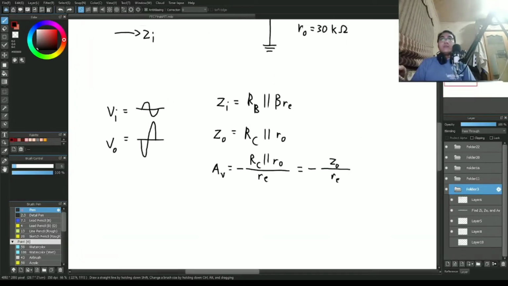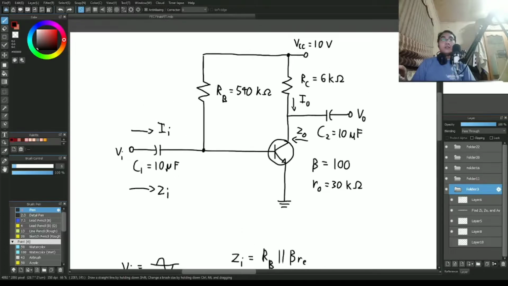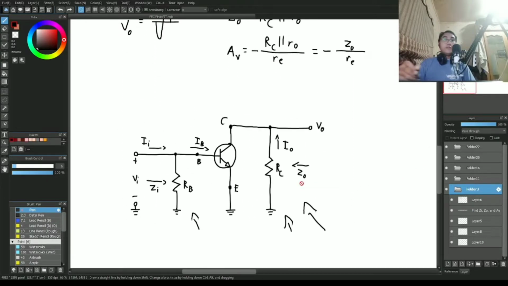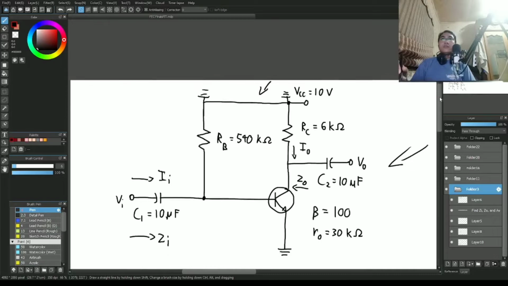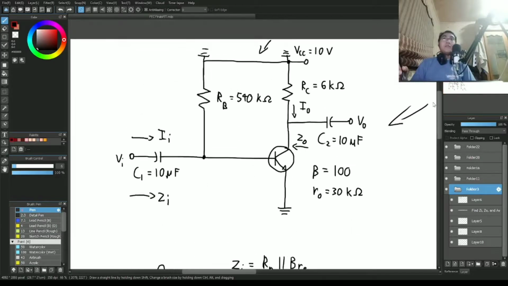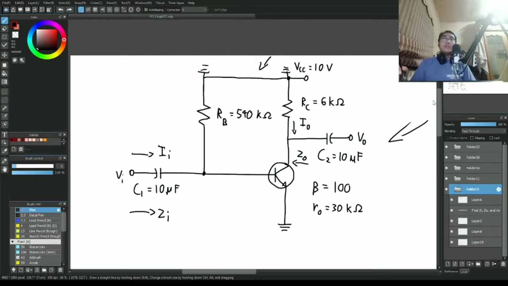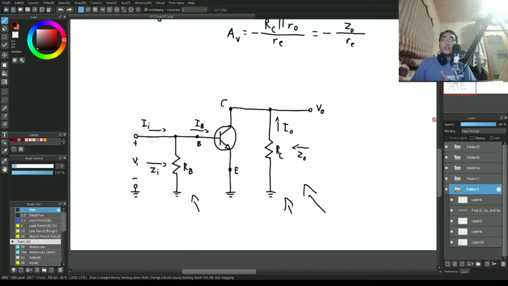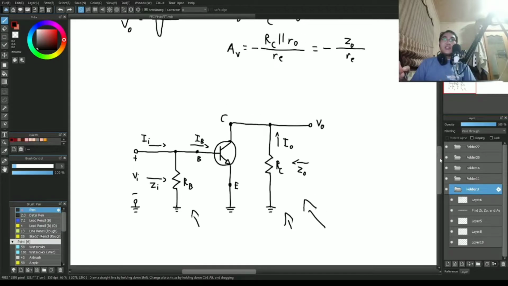See, what if we remodel this circuit right here? What will happen? Here, if you try to look between the two of them, it's pretty different. But the greatest difference is that in here, the DC voltage is now gone.